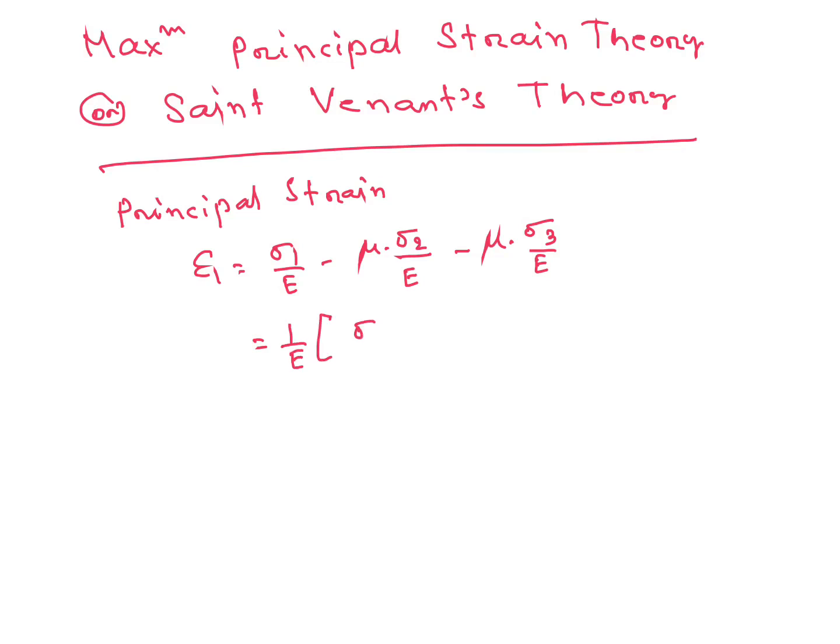Strain 1 is 1 by E sigma 1 minus mu into sigma 2 plus sigma 3, like this.